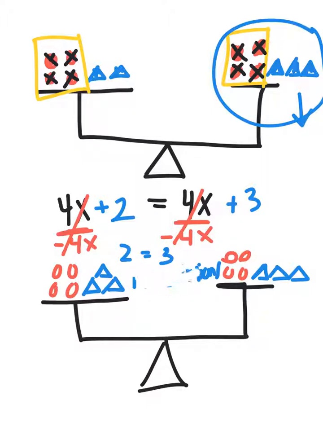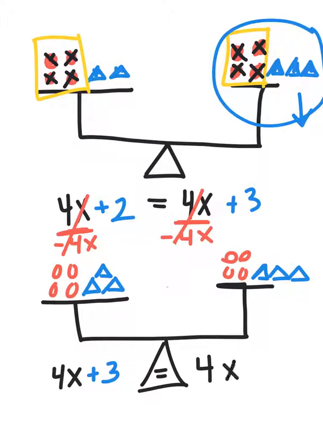Just going to get rid of that real quick. So now I have 4 red circles, so I'm going to call that x. So I have 4 x's over here, plus now 3 triangles to make them equal, equaling 4 red circles over here, plus the 3 blue triangles. This scale will always be balanced because it always has the same exact thing on both sides.